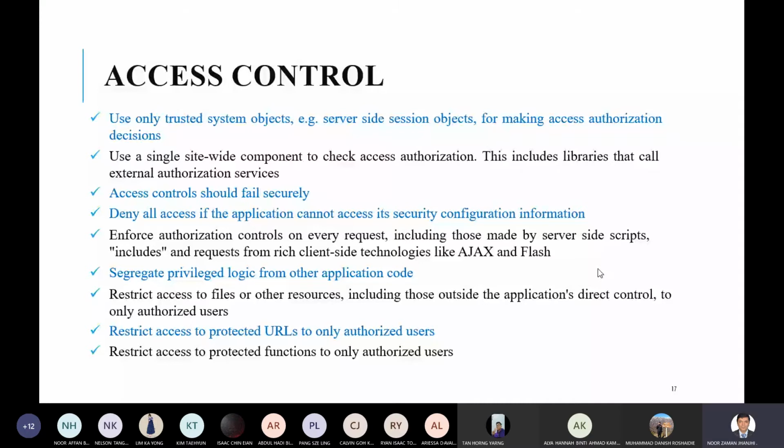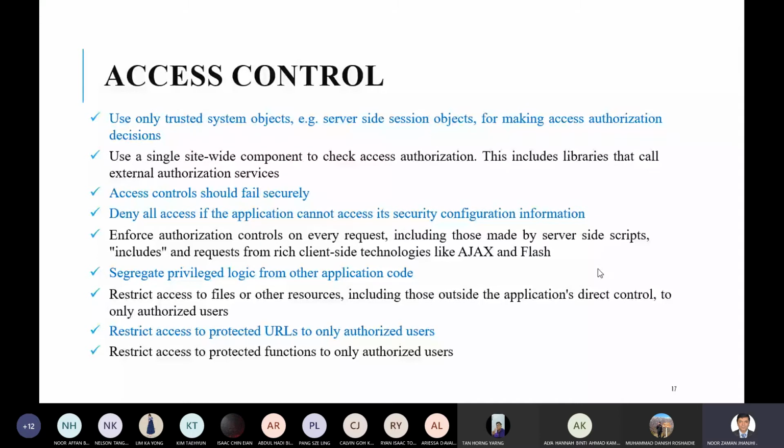So we need to see what type of access control limitations are there, and we need to consider them for the users. We need to use only trusted system objects to manage and maintain access. For example, we need to manage the objects from the server side, and we need to manage the sessions and objects. That's what we are discussing.